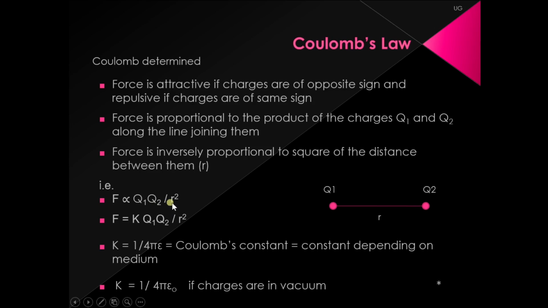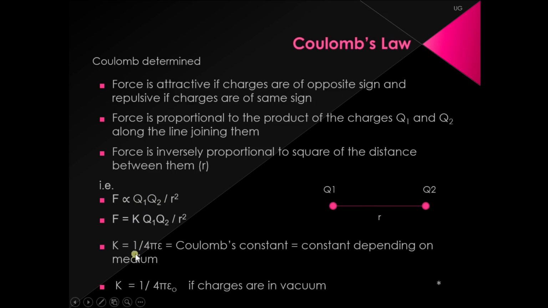Now, whenever Coulomb was calculating this Q1 Q2 upon r square, he found that there is some constant quantity with which this product has to be multiplied to give the correct force.